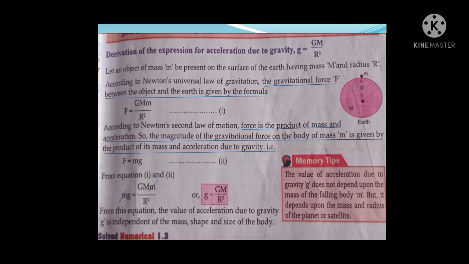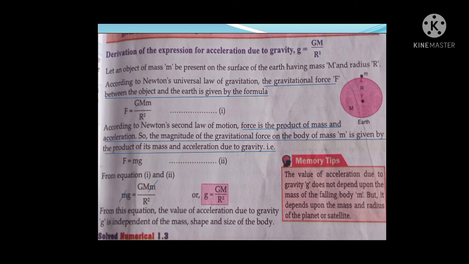Okay, and its radius is r, its mass is given as capital M, and an object is there whose mass is given as small m. Now according to Newton's law of gravitation, force is given as F is equal to G m1 times m2 upon d square.